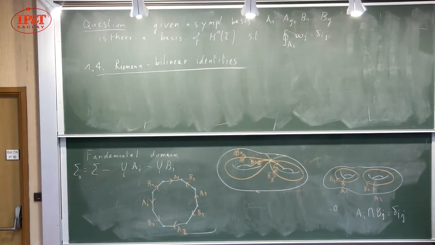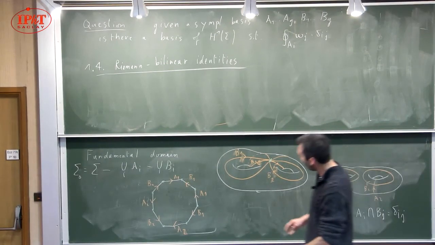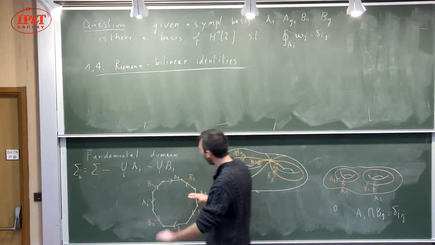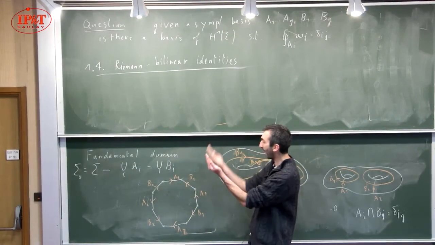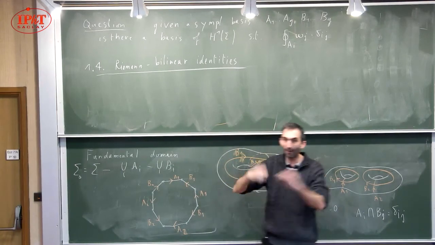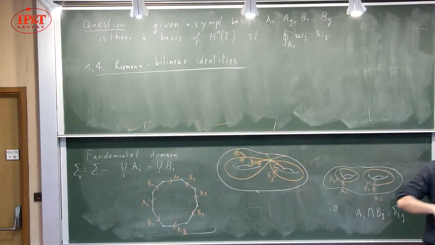It's a polygon. And if you want to recover the surface, you should glue together. So each time you have A1, you glue it to A1, B1, you glue it to B1, A2 you glue it to A2, B2 you glue it to B2. It's like when you do that for the torus, it works for any genus.